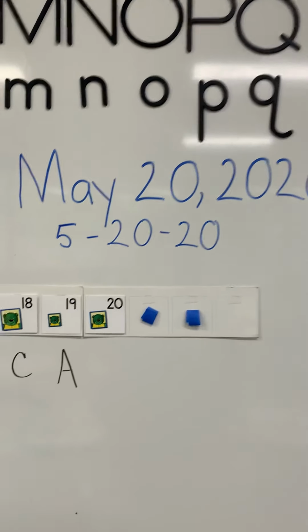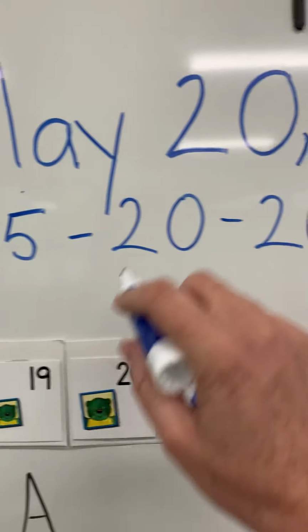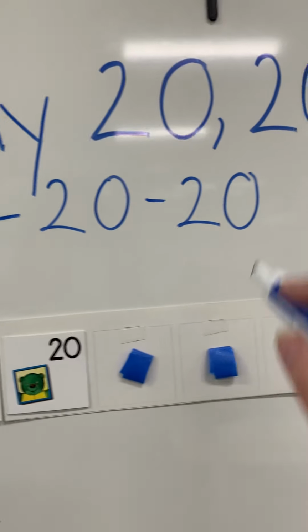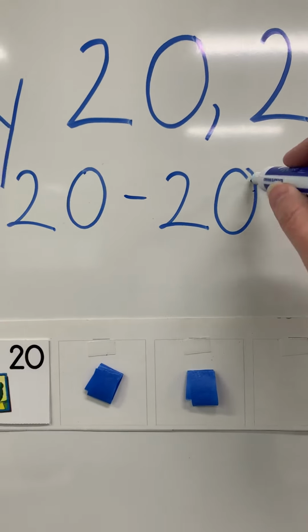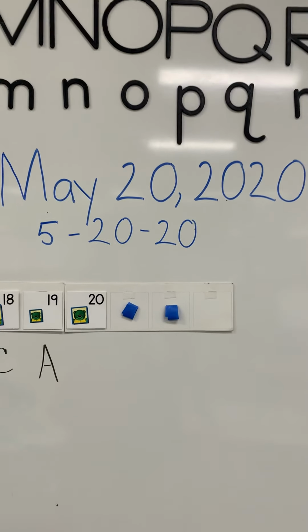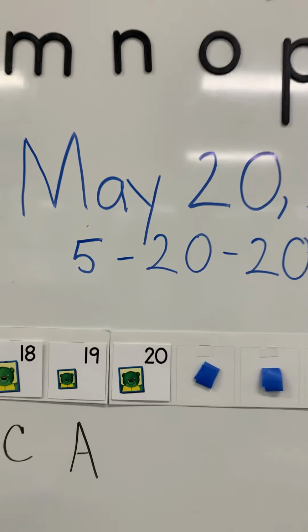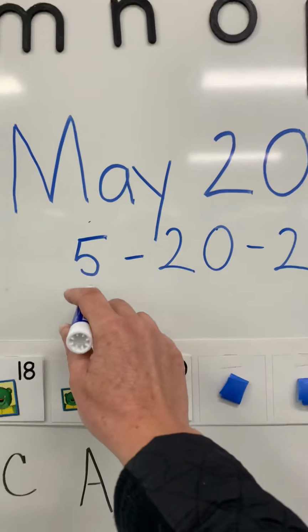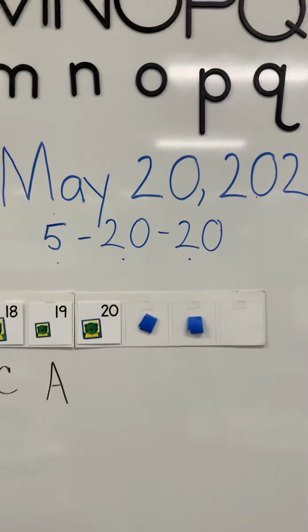Isn't that interesting? So the 5 means May, the 20 means the day of the month, and the extra 20 means that we're in 2020. So you could say that another way of saying May 20th, 2020 is by saying 5/20/20. Isn't that funny?